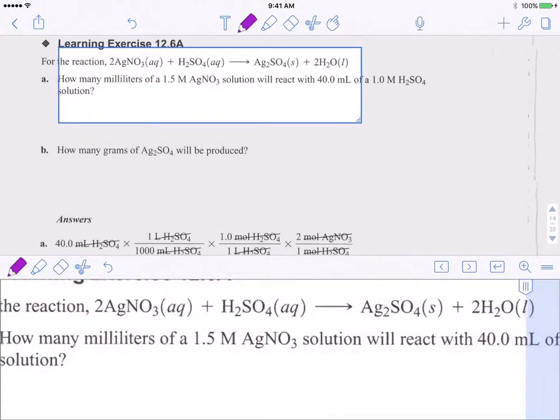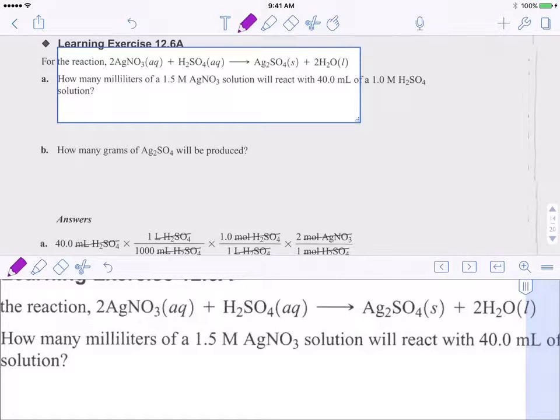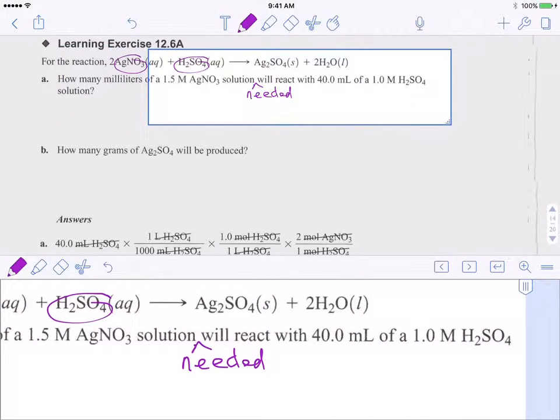Oh man, well that looks like I am relating AgNO3 with H2SO4. So the other way of writing this is how many milliliters of 1.5 molar AgNO3 solution are needed to react with 40 milliliters of 0.1 molar solution. All right, so that's exciting.